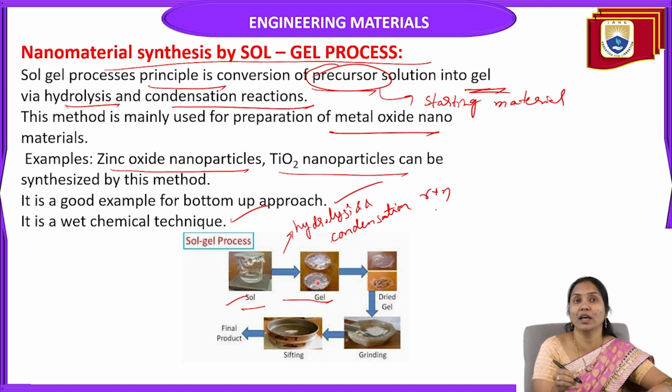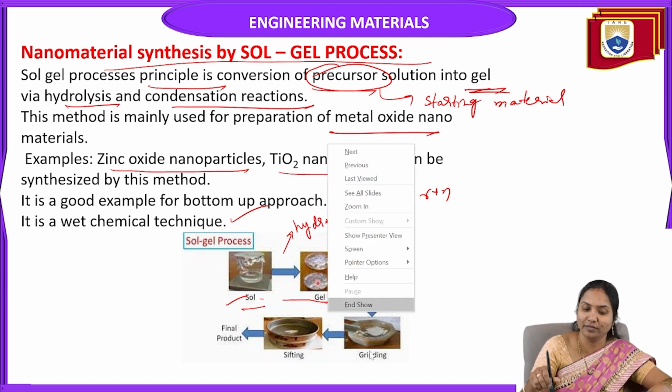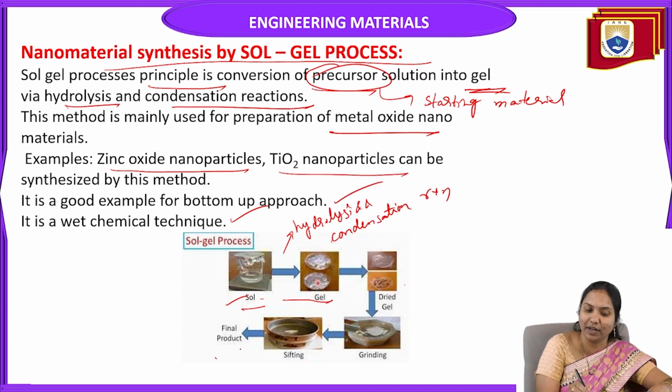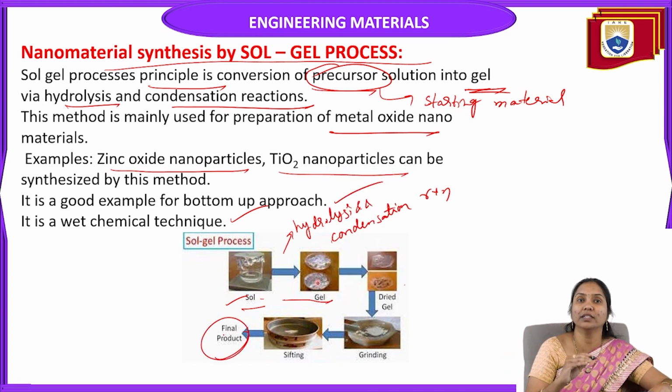It is the best example of the bottom-up approach, and this method is mainly used for preparation of metal oxide nanoparticles. The best examples are zinc oxide nanoparticles and titanium oxide nanoparticles. So here the sol is converted to gel. Next it is dried, then ground, and finally you get the final product. So how do we convert this sol into gel and how can we prepare these nanoparticles by this sol-gel method?